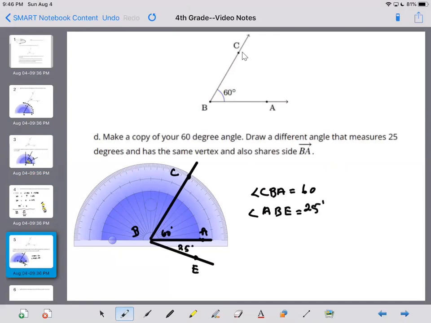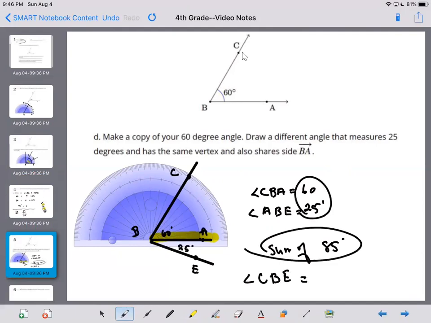So when we sum those together, we would get a sum of 85 degrees. So I'm still sharing this segment BA, still being shared. I've just created a new angle, and that new angle is angle CBE, which is just the sum of 60 and 25, which would be the 85 degrees.